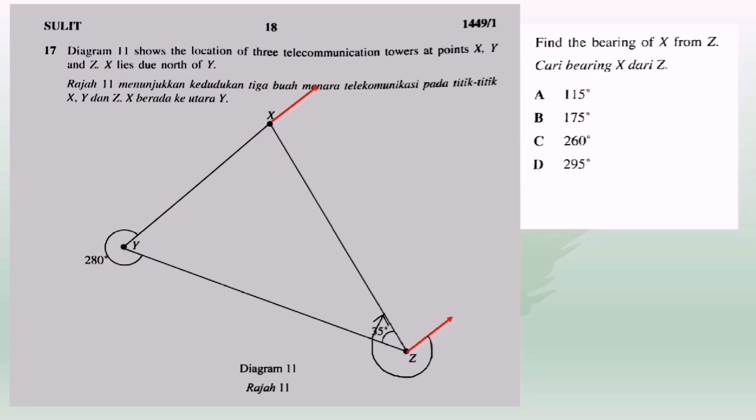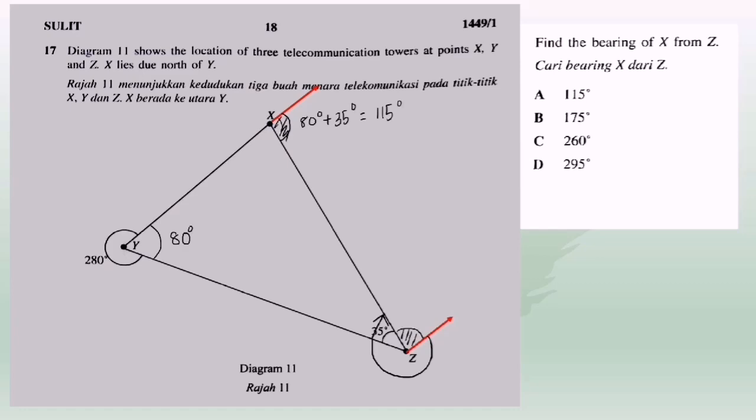Before we find the bearing of S from Z, we need to find the angle of Y. Angle of Y is quite simple, just 360 minus 280 equals 80 degrees. And automatically 80 plus 35 degrees equals 115 degrees.